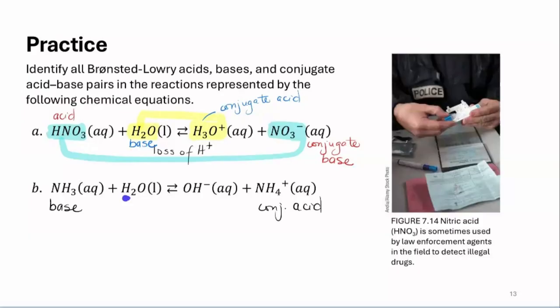We can observe that water had two hydrogens, and now in the product, it only has one. That means that in this reaction, water acted as an acid. And OH minus is going to be specifically the conjugate base. So CONJ is my shorthand for conjugate. So OH minus is the conjugate base for water.